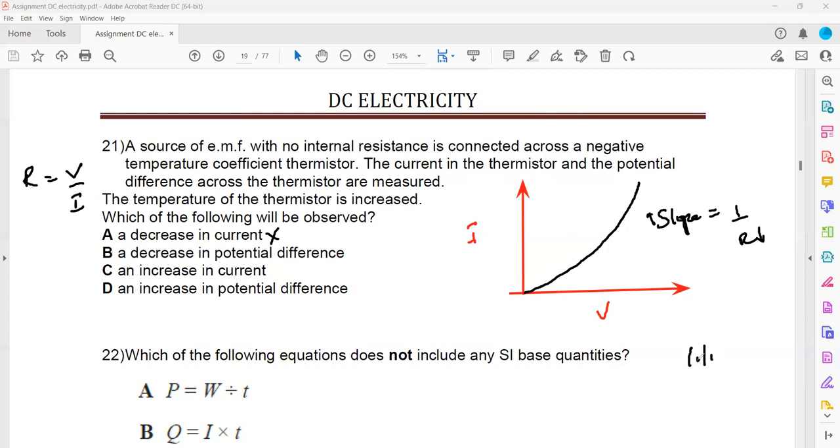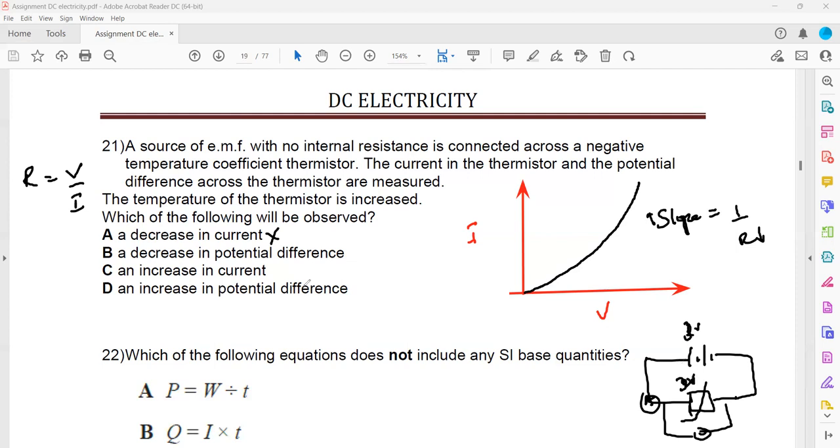For example, there's a battery with no internal resistance and we have a thermistor, and if you connect a voltmeter and an ammeter, the reading of the voltmeter does not depend on the condition of the thermistor because this is the only component. What voltage I apply, the same voltage I will receive on the thermistor. If I apply 2 volts, there will be 2 volts across the thermistor. If I apply 3 volts, there will be 3 volts. So it does not make any difference.